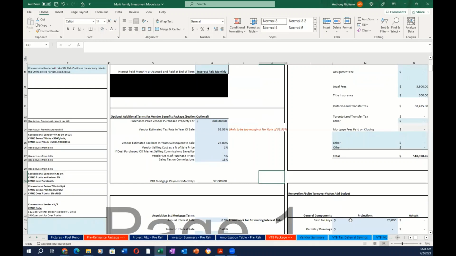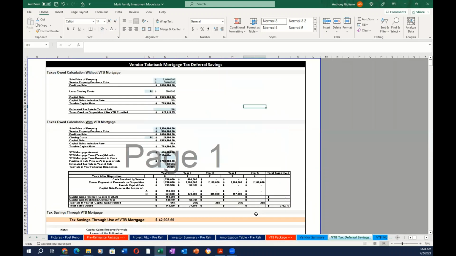Now, some of the information here will require you to make some assumptions or speak to the vendor directly, but I think it's very beneficial because it'll help you show the benefit to the vendor of providing you with a VTB mortgage and deferring their capital gain.